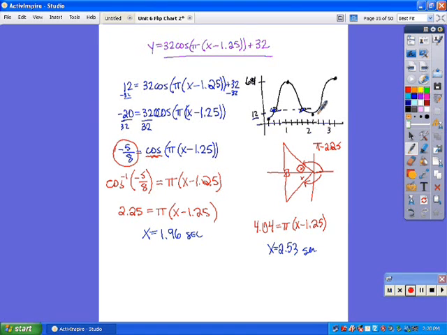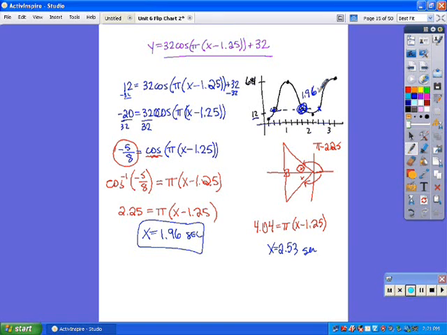But that's not correct because I found this one here, and I'm looking for this one here. This one's definitely correct. 1.96 seconds is the one that I found.